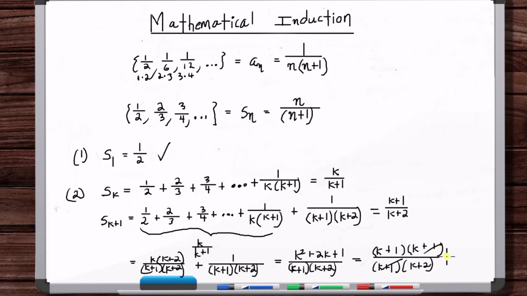We cancel out a k plus 1 and you get, there you go, that equals this. So we've proven that if this is our a sub n, then the S sub n is in fact this for all positive integers.